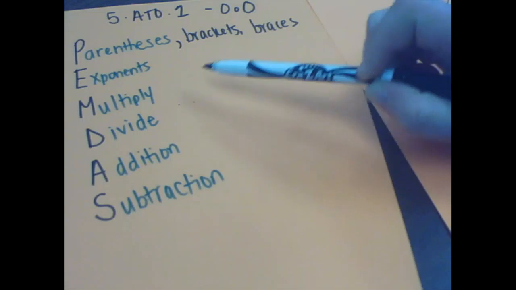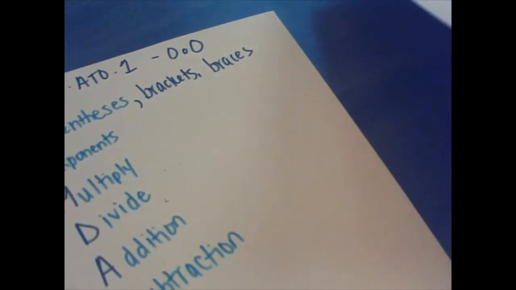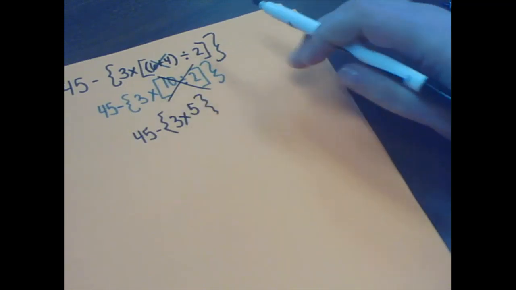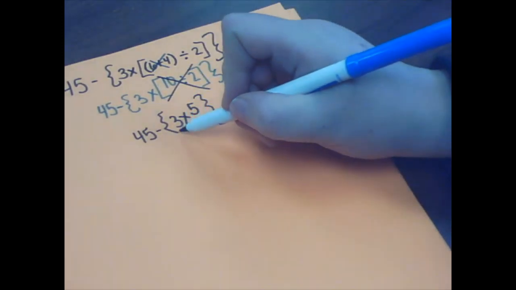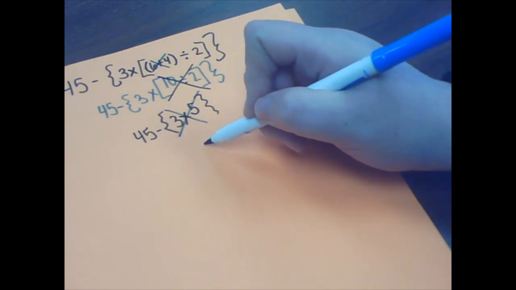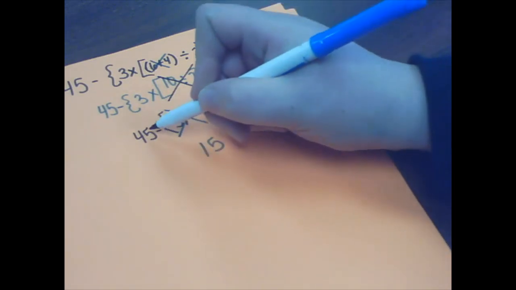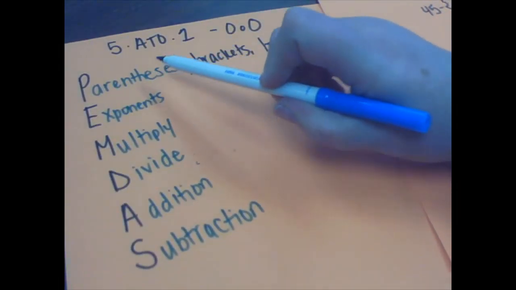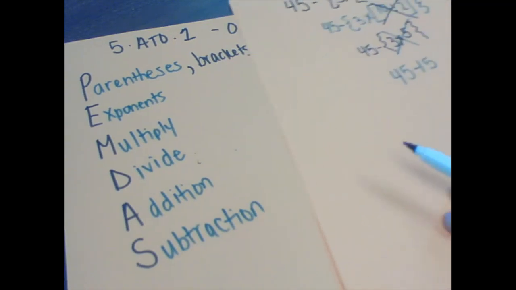Now I have to do what's in braces before I can do anything else. And what's in braces is 3 times 5. And we know that 3 times 5 is 15. And then I drop this down. Okay, so I did parentheses, brackets, braces.